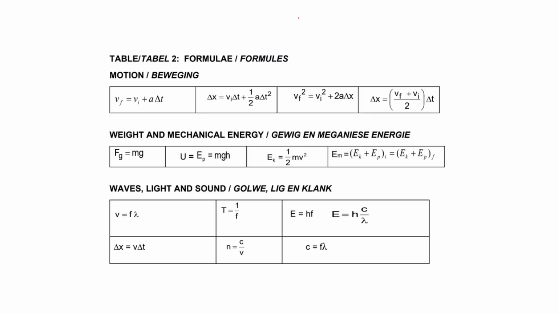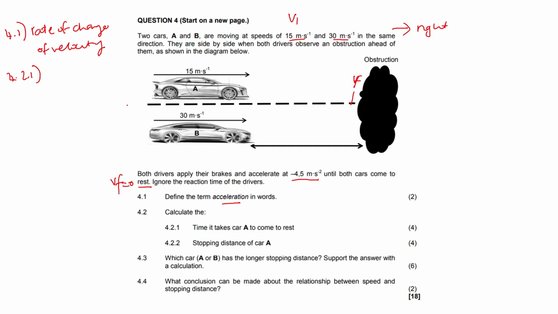So let's look for a formula where the time is the only unknown. If you look at the first one, we have final velocity, initial velocity, and acceleration, the only unknown is time, and the question wants us to calculate time. So we jot that formula down. Please jot the formula down, because you do get a mark for the formula.